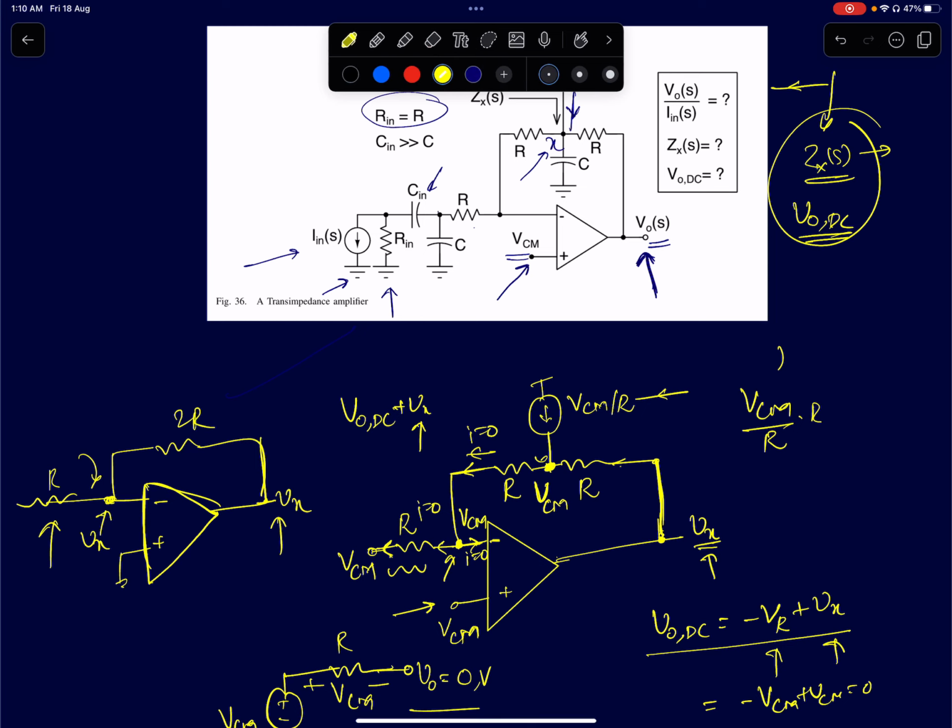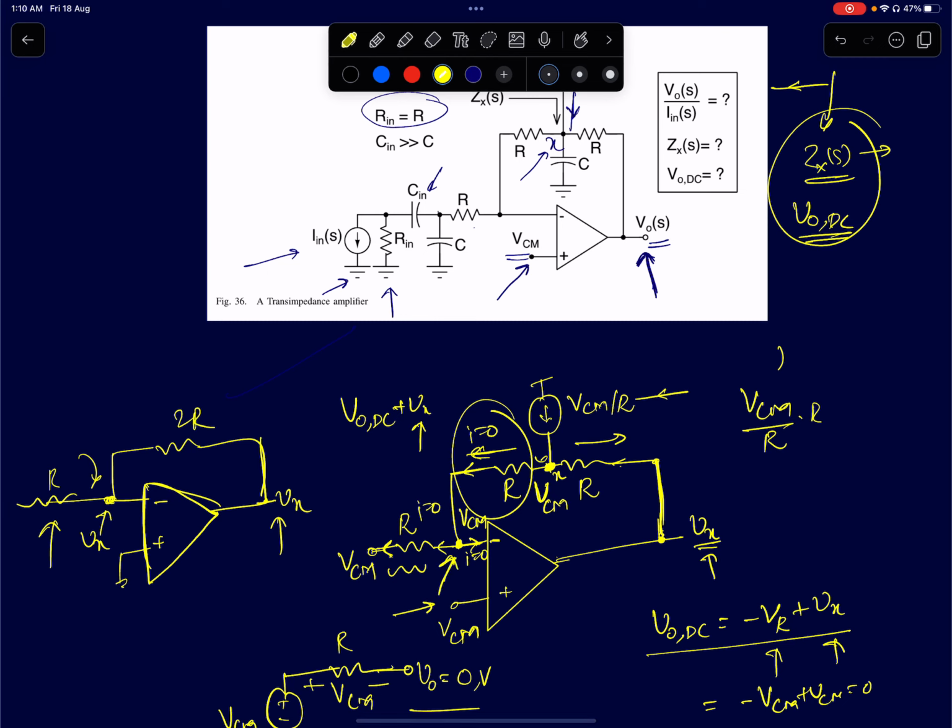Now, to find the output DC, we also have a DC current source here. So we need to see how much of it is flowing into the resistor. Okay, you are injecting a DC current source into this node X. So we have to see how much of it splits into this resistor and this resistor. We just saw that the current flowing through this half of the resistor is 0, right? Because that's ensured by negative feedback.